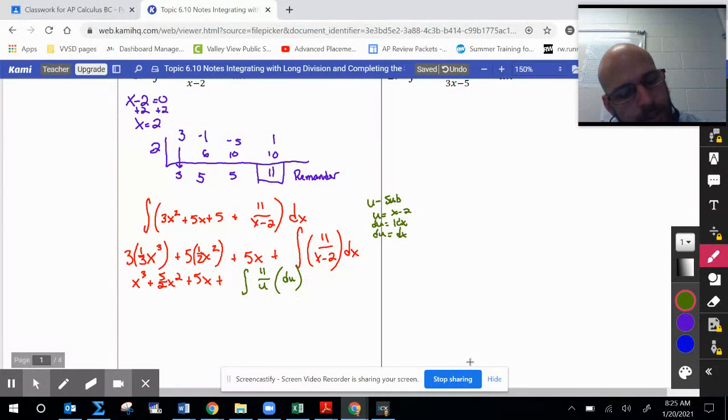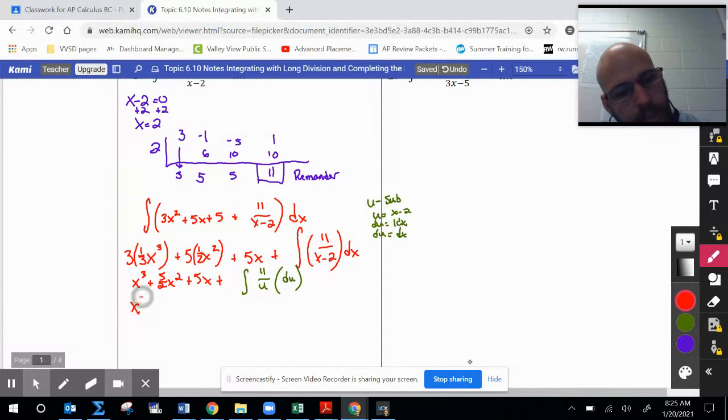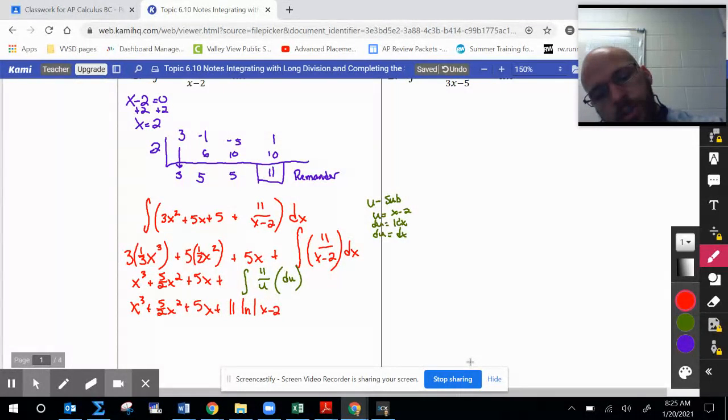So I'm going to get an answer of x to the third plus 5/2 x squared plus 5x plus 11 times the natural log of the absolute value of x minus 2, because that was my u value, plus c. Okay, my natural log and my 11 look very similar, so I'm going to put parentheses around the 11. And this would be my antiderivative.